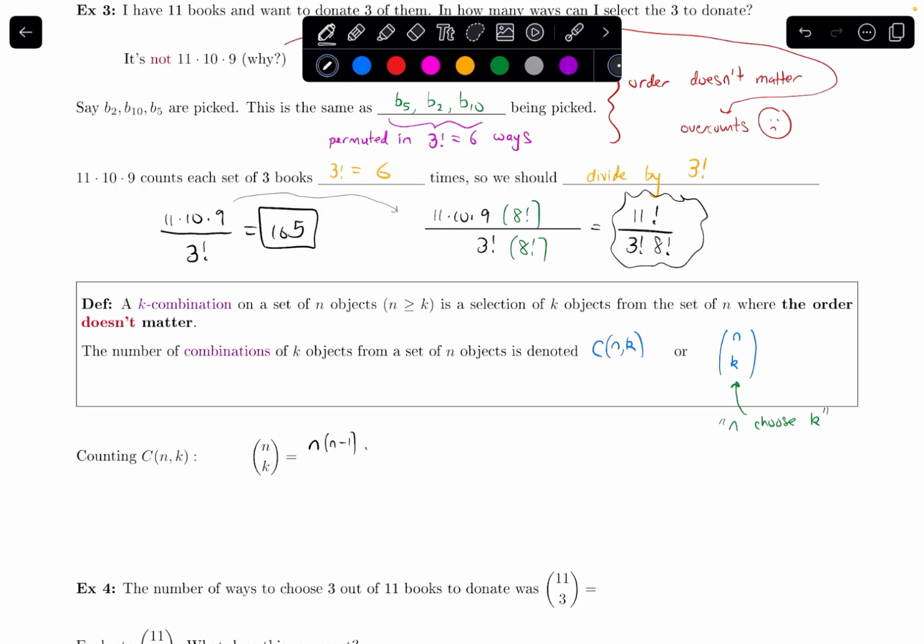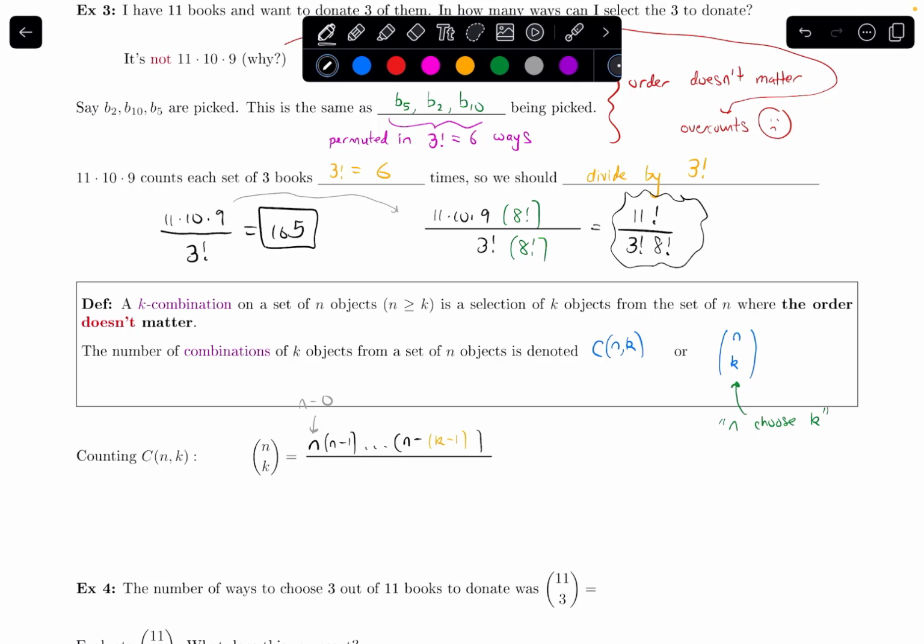If I keep going like this, for the kth object, there'd be n minus (k minus 1), because this very first term is n minus 0. If I'm picking k total objects and I started at 0 here, I should end at k minus 1, not at k.